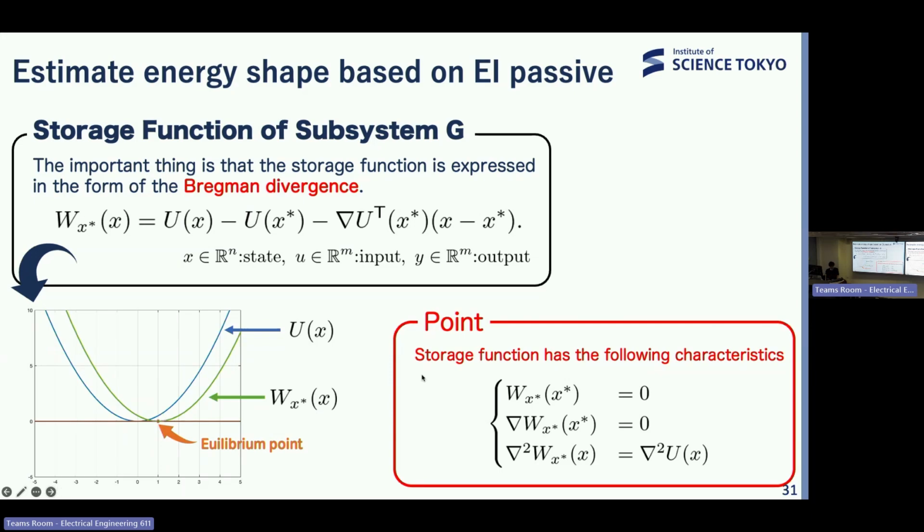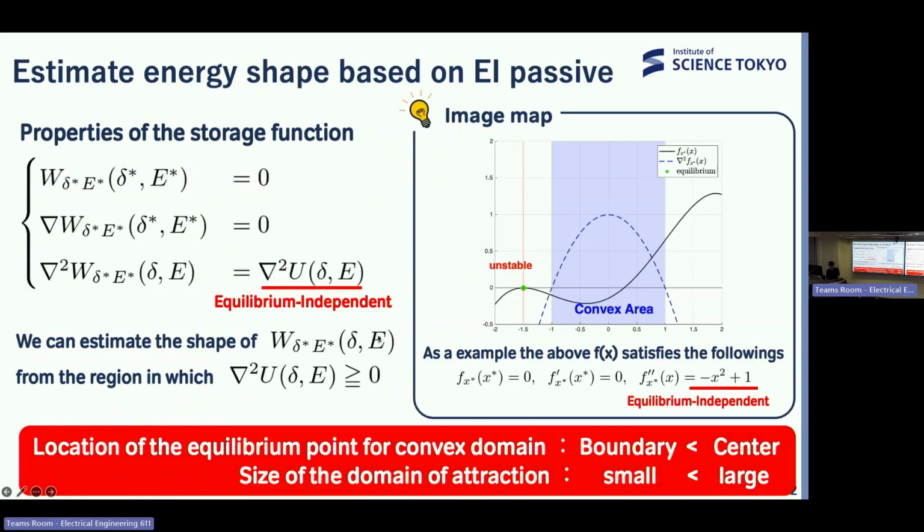The most important characteristic is that the storage function has the following equations. At the equilibrium point, this function equals 0, and the gradient is also 0. And the Hessian of the storage function equals the Hessian of the energy function. The third equation is the most important.